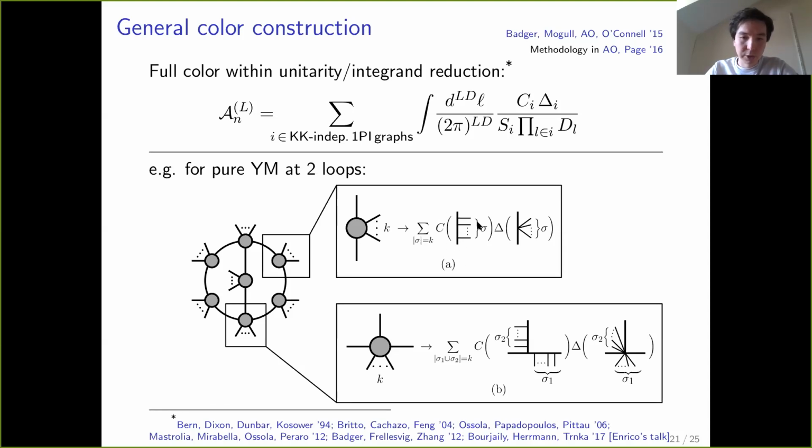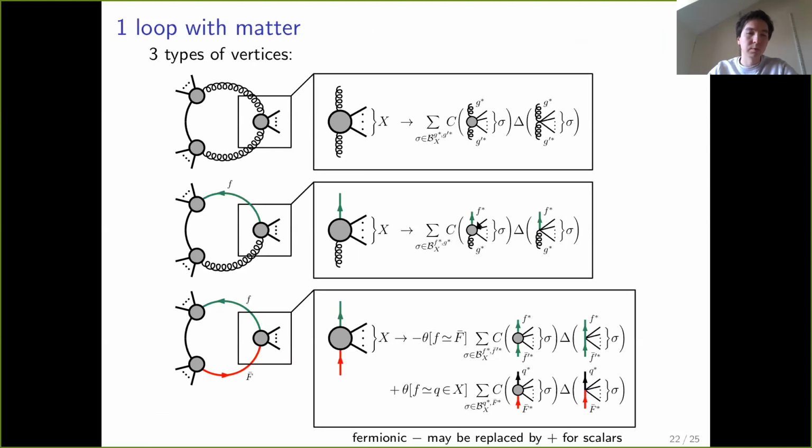This is in pure Yang-Mills, but now that you know how the story generalizes to general gauge theories, you can imagine that, for example, at one loop, you can only have three types of vertices occurring in topologies, and now you know how to color decompose the numerators, or rather, how to color dress the kinematic numerators once you have them from color ordered cuts.